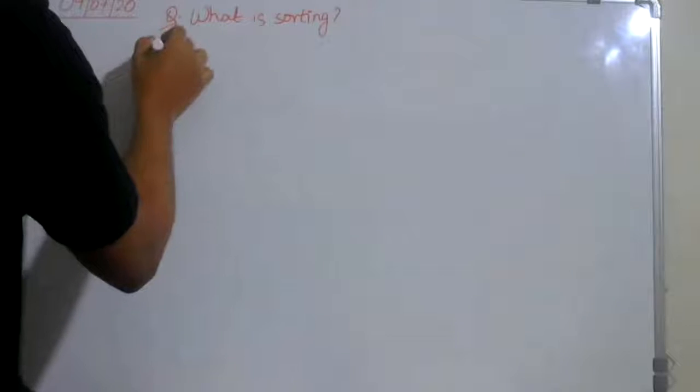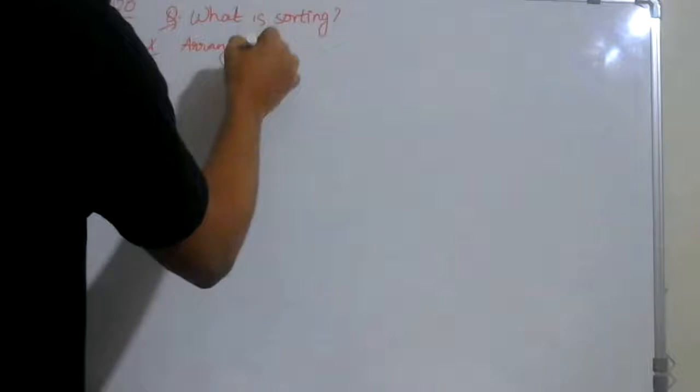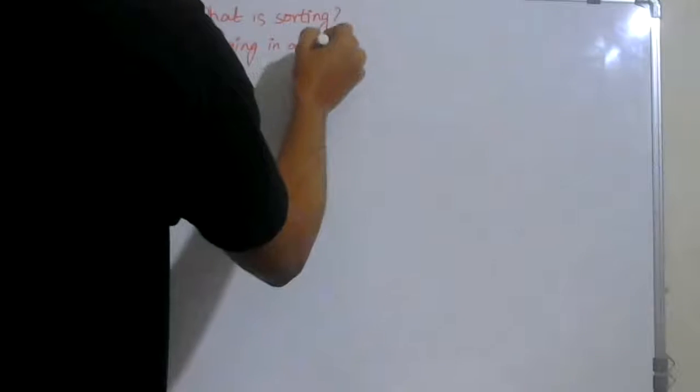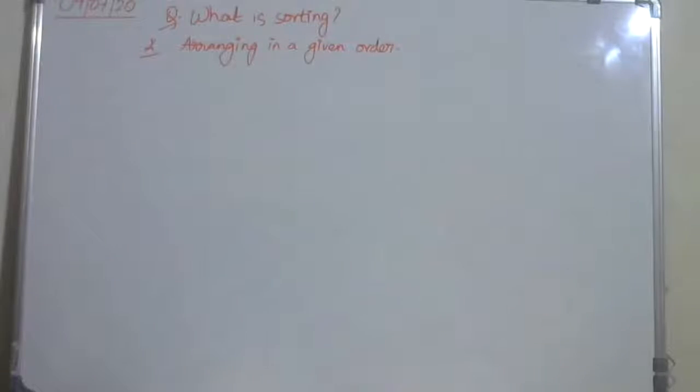The answer is pretty simple: arranging in a given order. That's the shortest definition of sorting, and you can expand on it depending on the question you get. You could say arranging elements in a given order or arranging objects in a given order, whatever it may be. It's basically arranging something in a given order. So that's the definition of sorting.